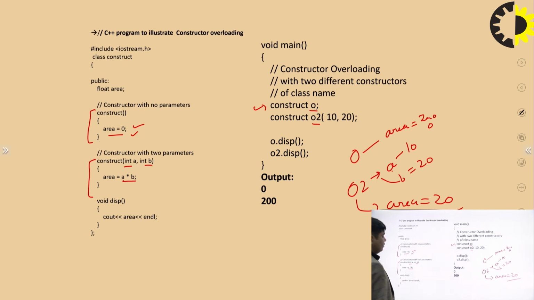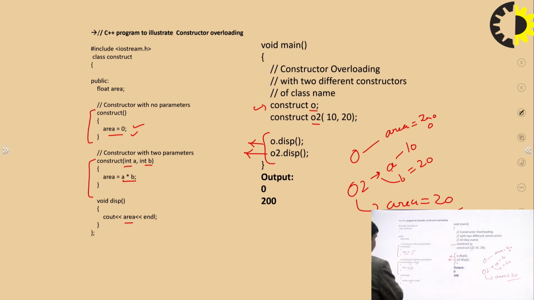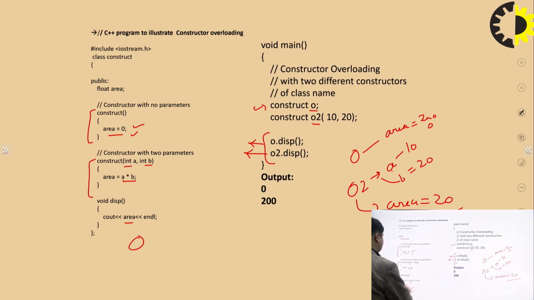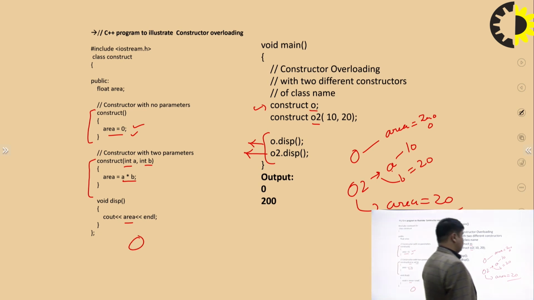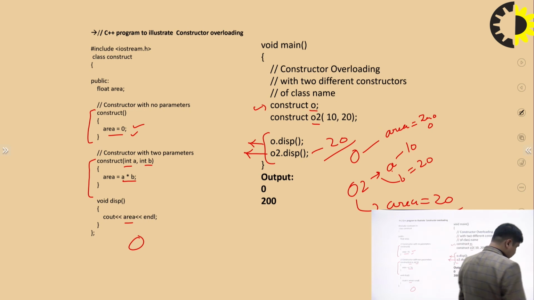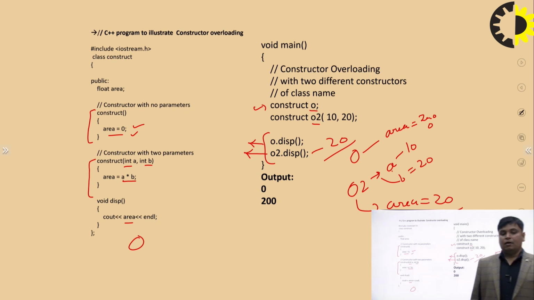Now we are going to display the values of O and O2. In the reference of object O the value is 0, and in the O2 reference the value is 200. So these are the different values.